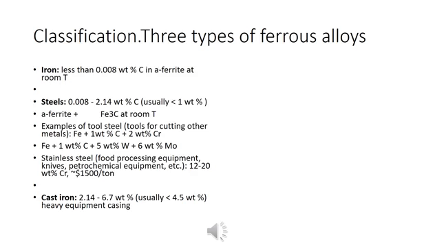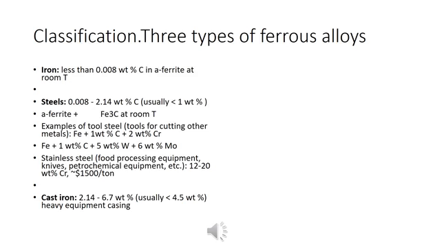This is the common classification of our ferrous alloys. We have iron, and this is typically a material that consists of less than 0.08% carbon. And we have steels, which consist of between 0.08 to 2.14% carbon.